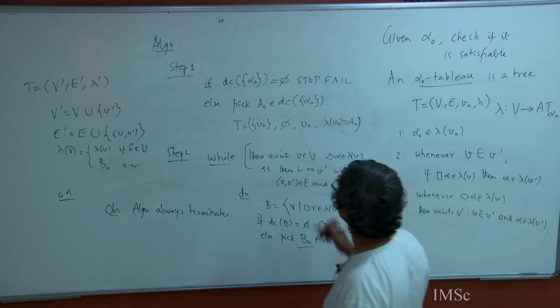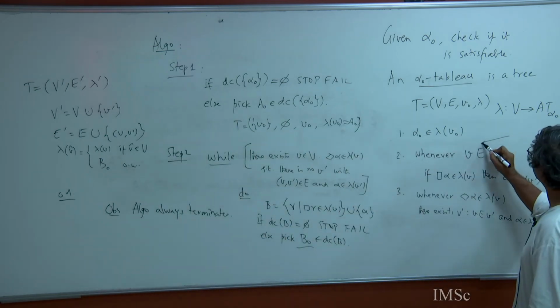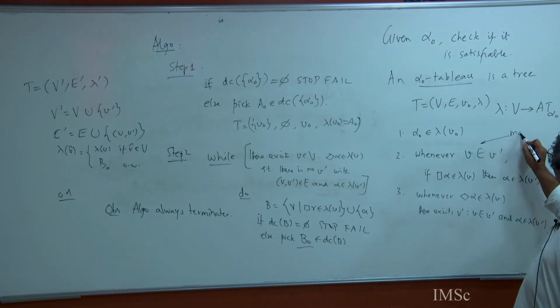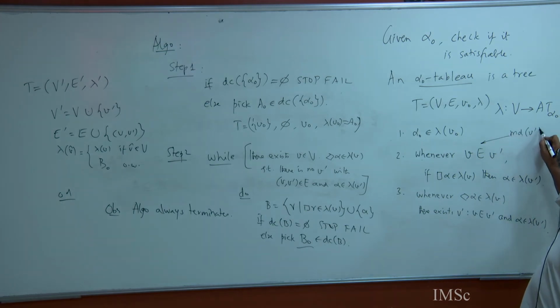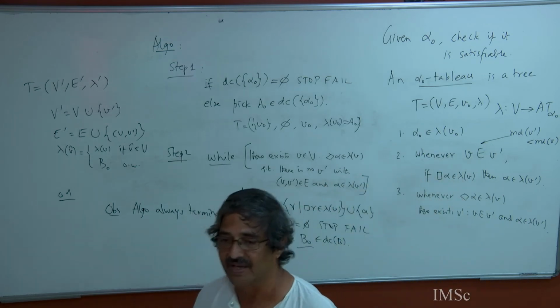That's because whenever we have an edge from V to V prime, there is a tree edge, we can check that the modal depth of formulas in V prime is strictly less than the modal depth of formulas in V.